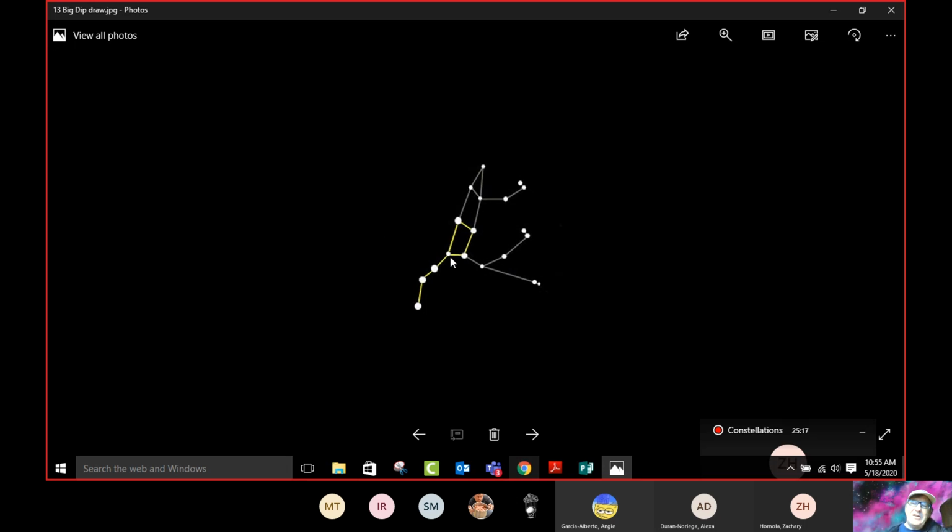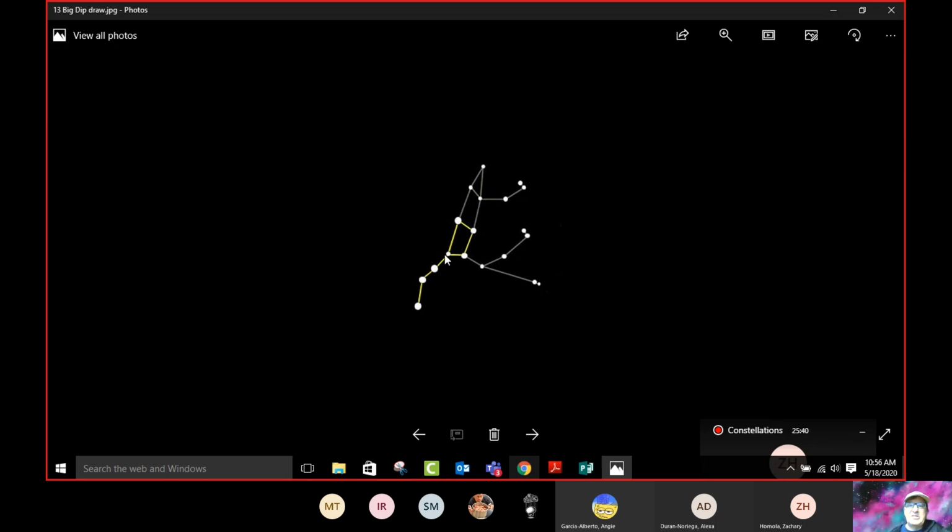And what we see as the handle of the Dipper, some people say, oh, that's the tail of the bear. But wait a minute, bears don't have long tails. Well, as a result of that, some cultures have an explanation of how the bear lost its tail, and that's part of their story of the Big Dipper.